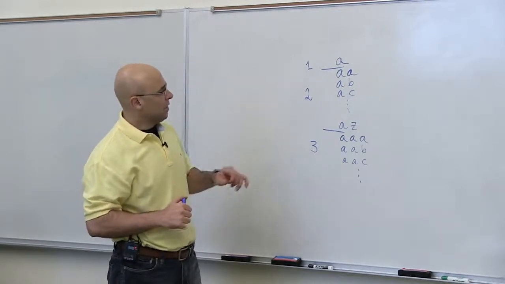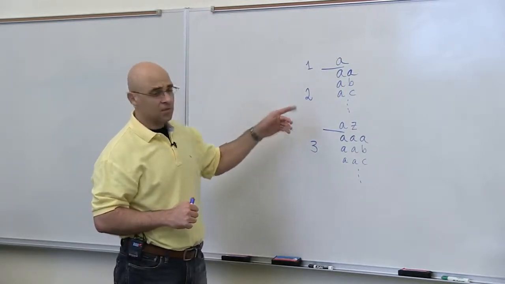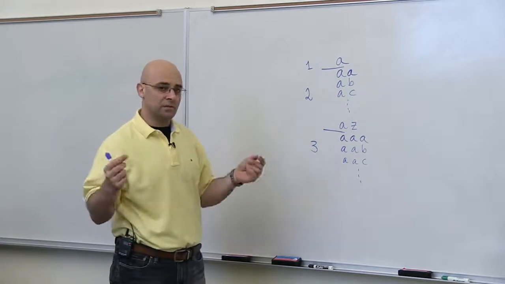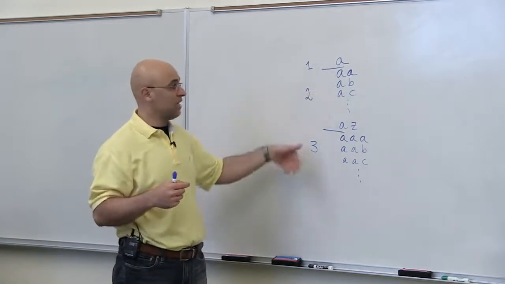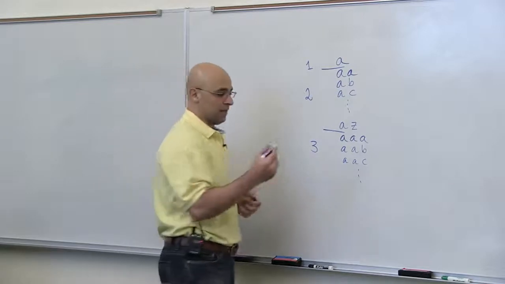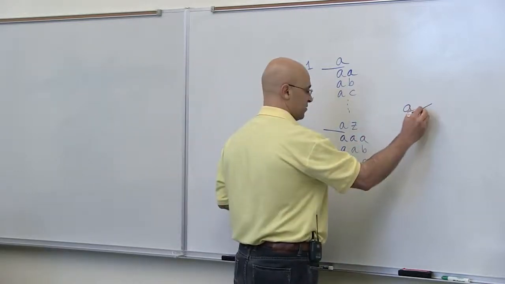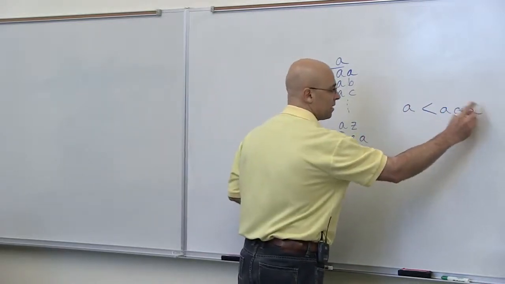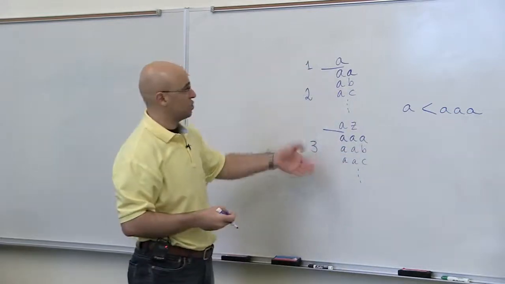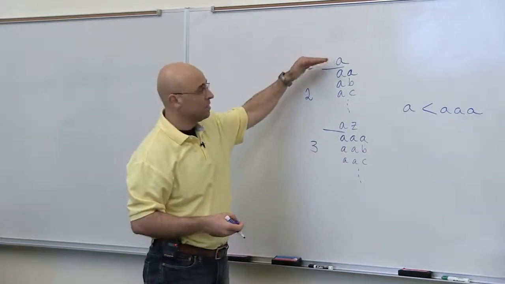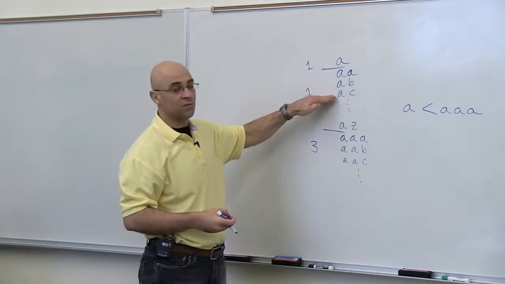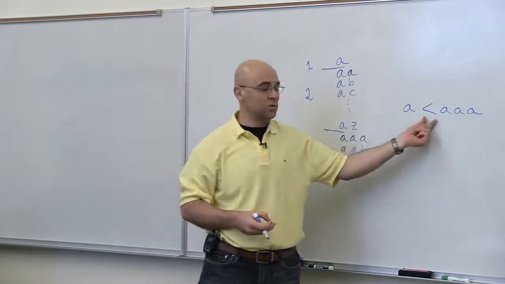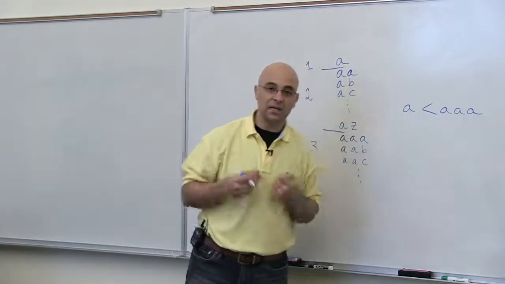Now, the reason that we can sort strings like this is because we can define this order. So now I can say that A is, for example, smaller than AAA. I know this because based on this order, this is first, this is second, this is third, this is fourth. So I can use this notion of A is smaller than AAA.